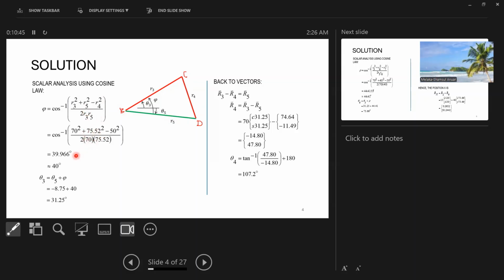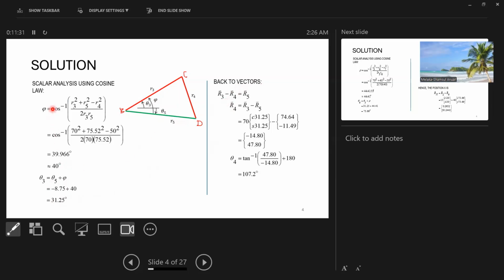Just plug in the numbers and we got about 40 degrees. So now for theta 3, we get to theta 3 from theta 5 by adding this angle phi. So theta 5 plus phi gives us about 31.25. Okay, that is solved. I guess that is correct.